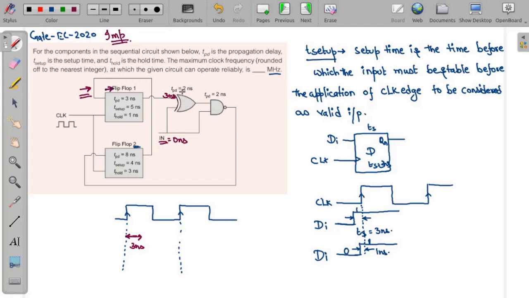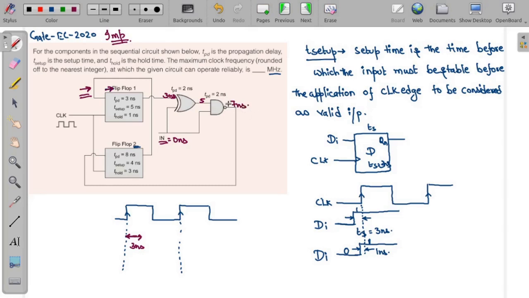This XOR gate has a propagation delay of 2 nanoseconds, so after 5 nanoseconds it will give the output. After 5, we have 7 nanoseconds in total.